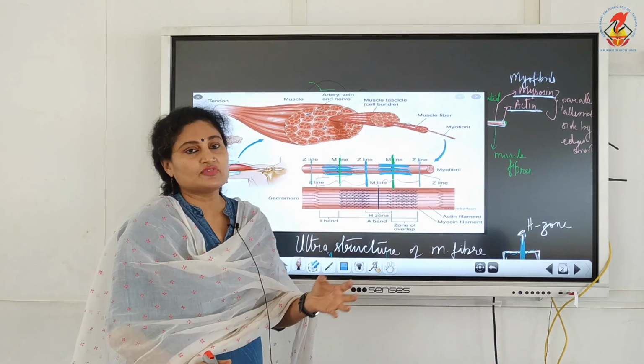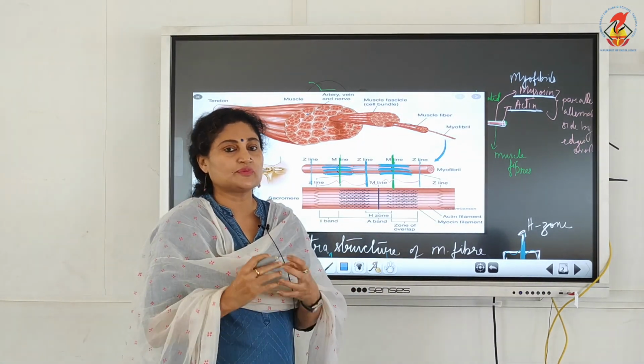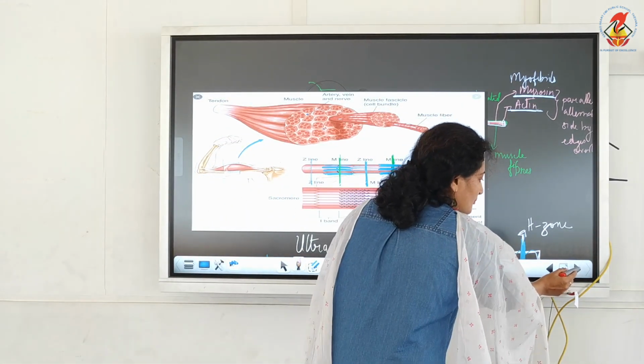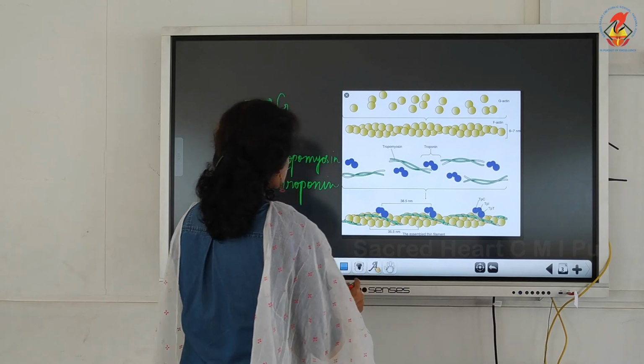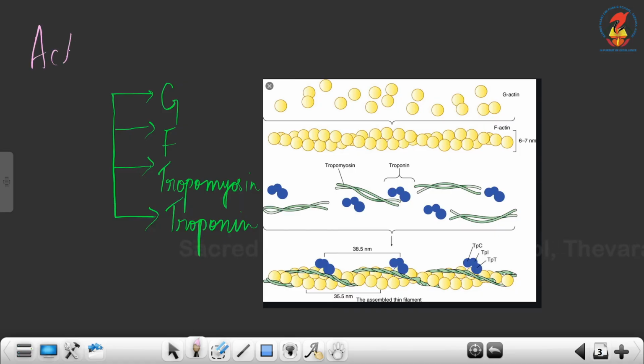Now, in the next slide we will be dealing with the structure of actin and myosin filaments which constitute the muscle fibers. They are also called myofilaments or myofibrils. So, first let us deal with the actin filament, which is commonly called the thin filament.